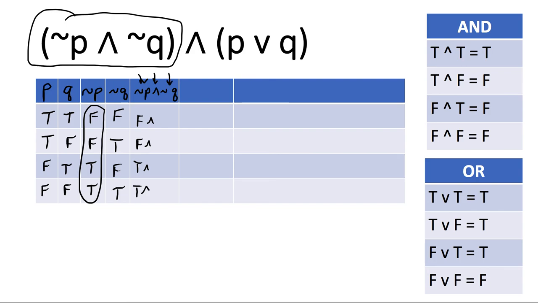Then I'm going to do the negation of Q, which will be these values. So FT, FT. And then we need to determine what these statements have as their truth values. And so we'll be using the AND table and looking them up.